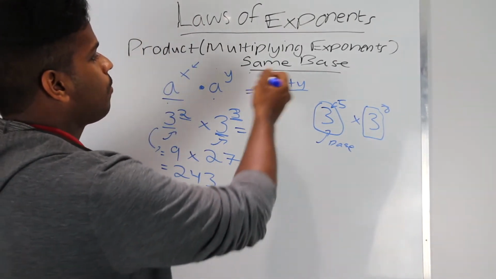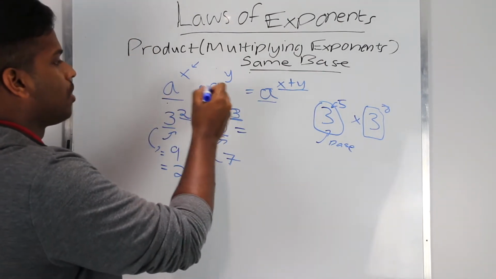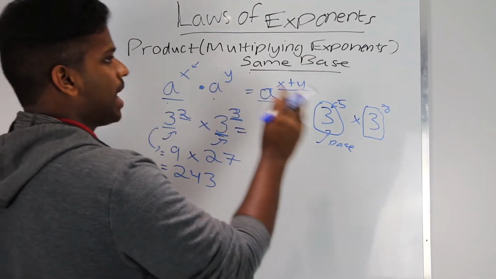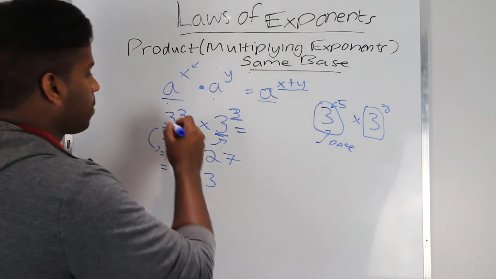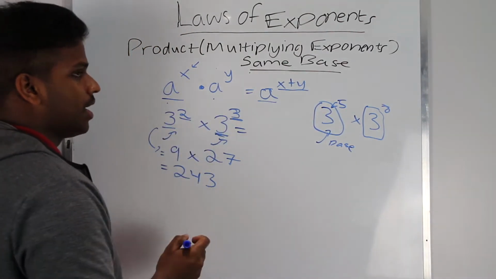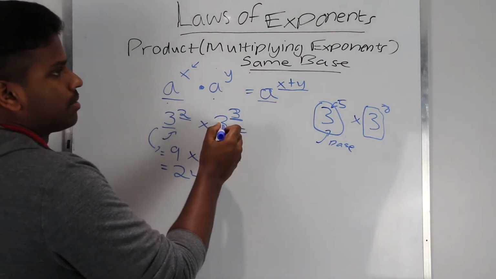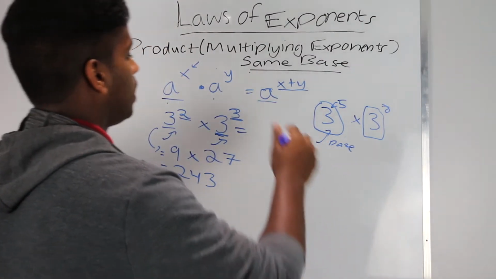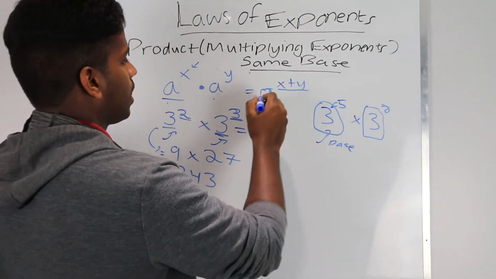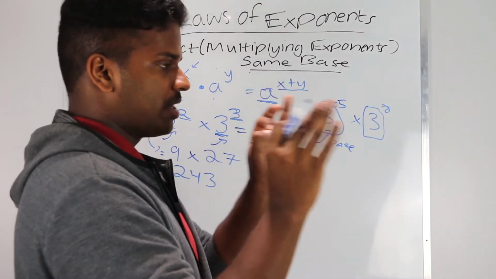So what if we follow our laws of exponents? We say here that when we are multiplying exponents with the same base, the base remains the same, but we're adding the exponents. So we don't multiply 3 times 3 and then the exponents. Some people would do 3 times 3 is 9, and then 9 to the power of 6, and they'll solve. But no, the base stays the same. Here, we're just adding the exponents only.